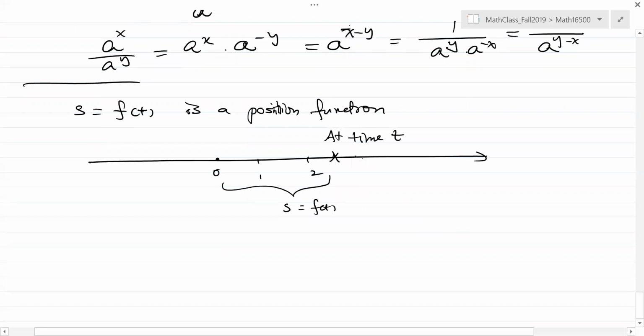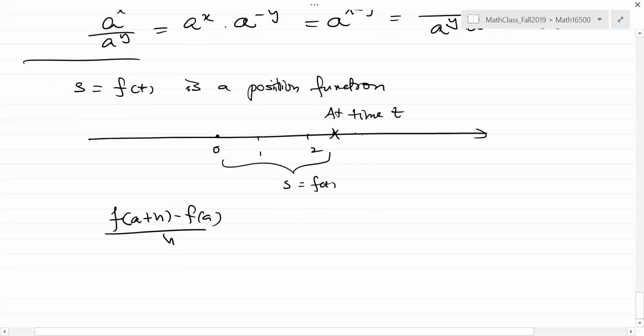And the derivative, okay? So you look at f of a plus h minus f of a divided by h. What does that mean? This is actually the average velocity. When t equals a, and here when t equals a plus h. So at two different locations.